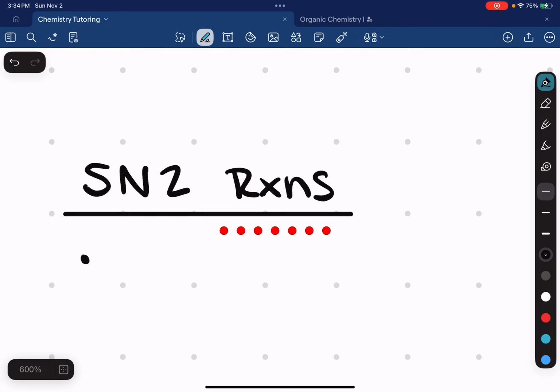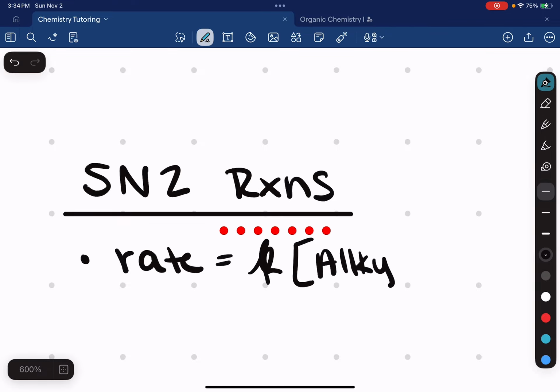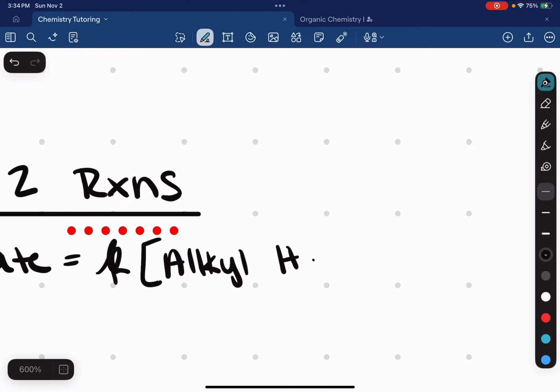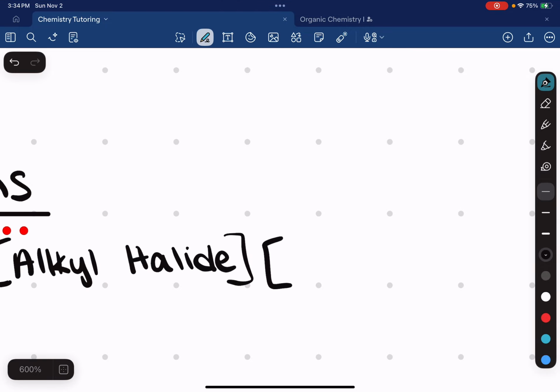Okay, SN2 reactions, our rate is going to be, you've got your constant, and it's the alkyl halide and the nucleophile.